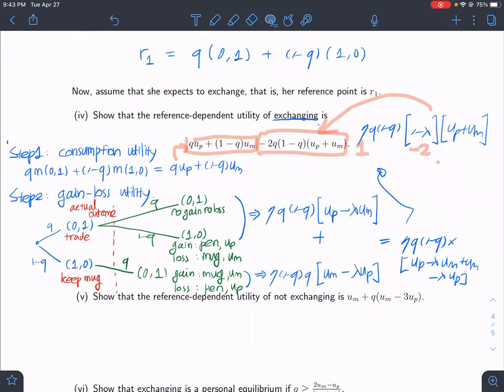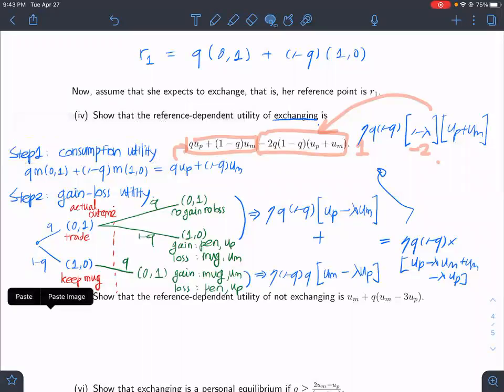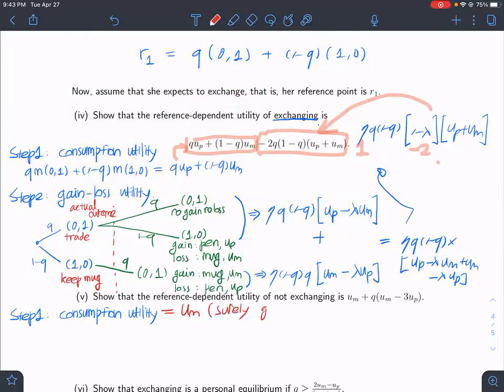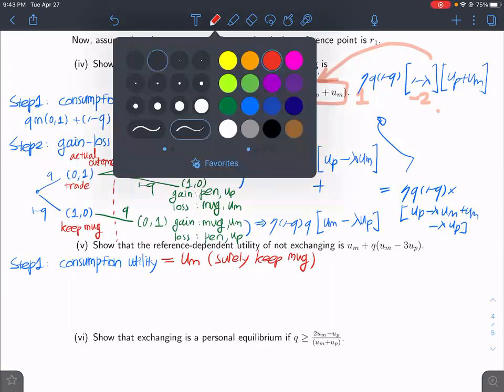I can just copy and paste using our science technology. Consumption utility is just surely keep my mug. Okay. So there's only one outcome to consider.